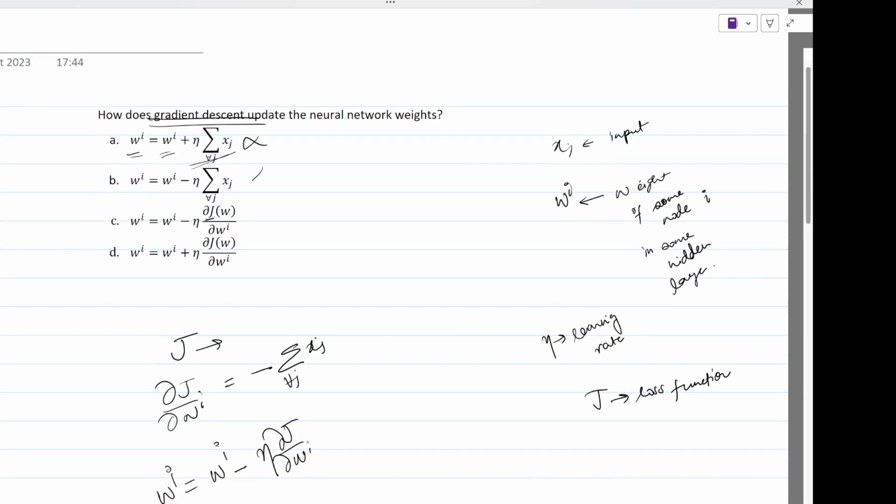Similarly, this also we can say is wrong. Here we are given the cost function in terms of the current parameter w, and you are taking the partial derivative with respect to wi, the weight you want to update, and doing a descent step.